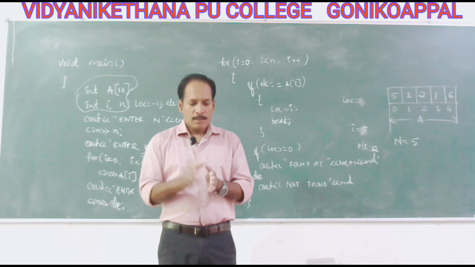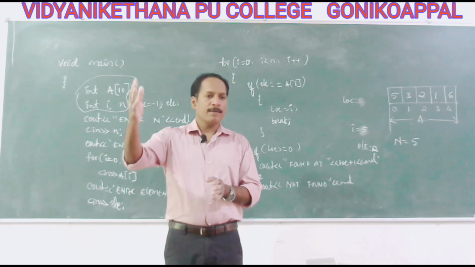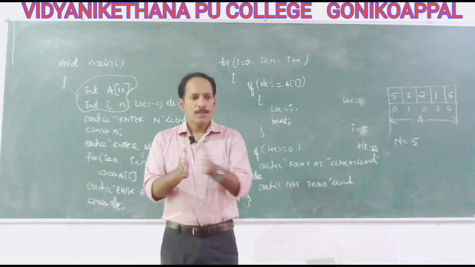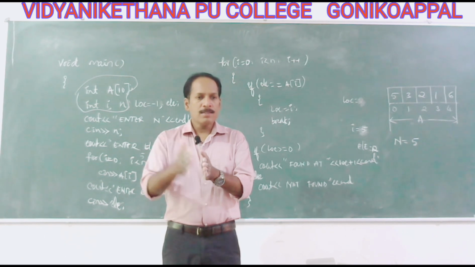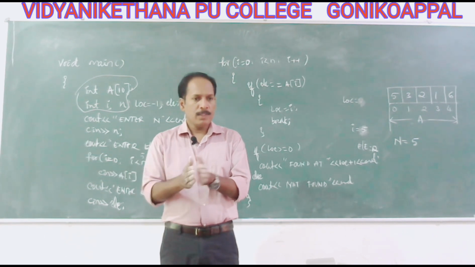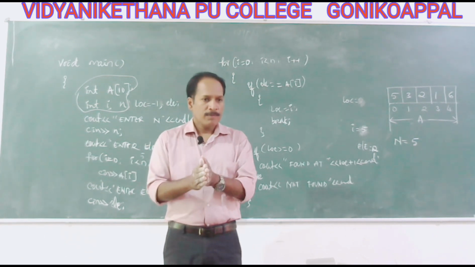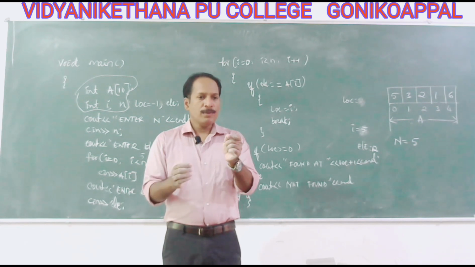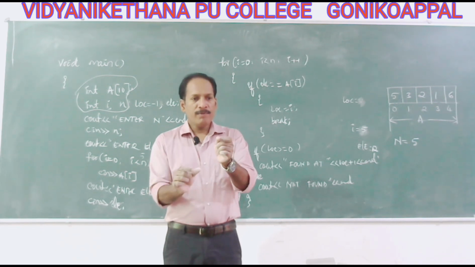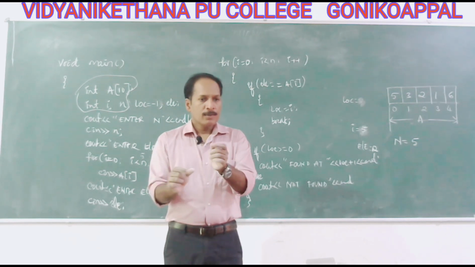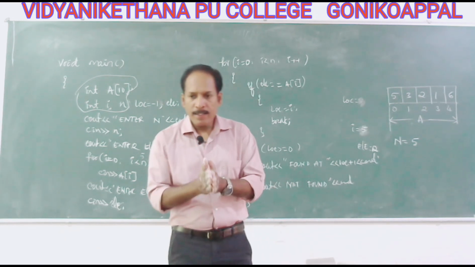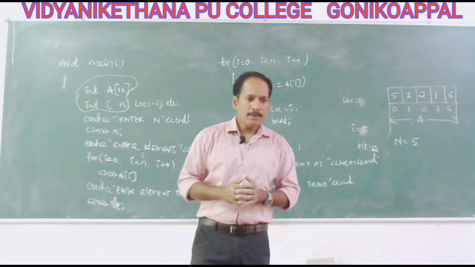Otherwise, the element you are looking for may be greater than the middle element. Since it is sorted, if it is greater, it exists after this. The element must come after this. Suppose we get 15 in the middle and you are looking for 30. Where does 30 come? After 15 only. If at all it exists, it must come after 15.